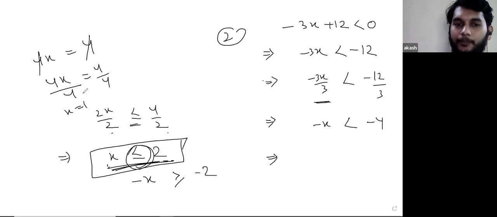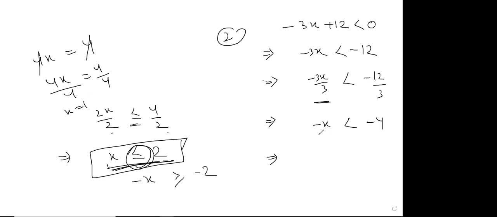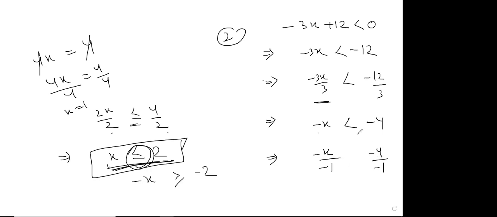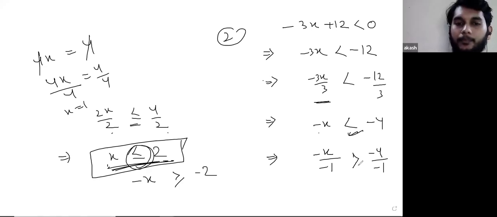So how did the minus cancel out? Minus x divided by -1, minus 4 divided by -1, right? So this sign will be changed. I hope this is clear.